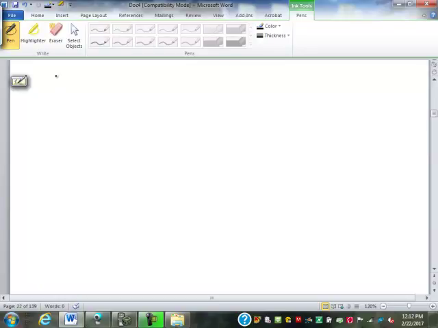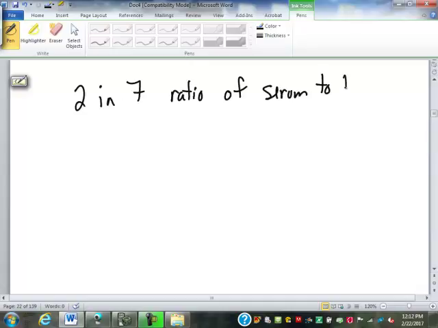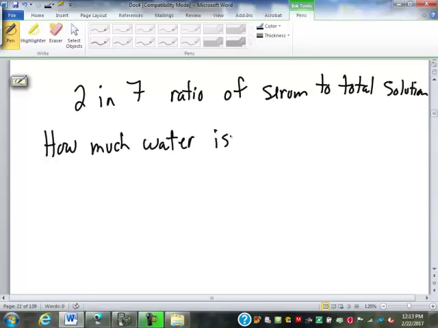So for example, if we are given a 2 in 7 ratio of serum to total solution, we might be asked how much water, how much sterile water is needed to create 140 milliliters of solution.